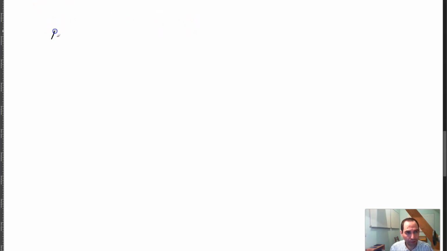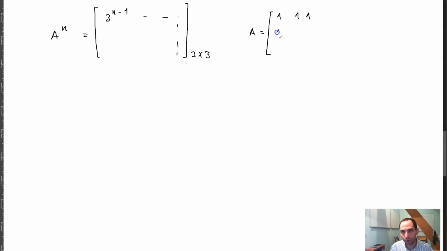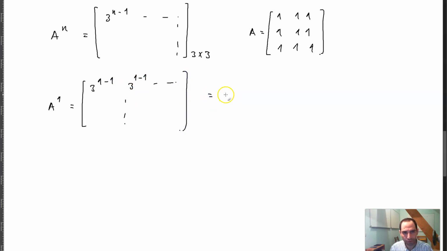If I use A raised to the power n is equal to 3 raised to the power n minus 1 in every position of a 3 by 3 matrix, and I know that A is equal to 1, 1, 1, 1, 1, 1, and 1, 1, 1, then A raised to the power 1 is equal to 3 raised to the power 1 minus 1 in every position, which gives me 3 raised to the power 0 everywhere.